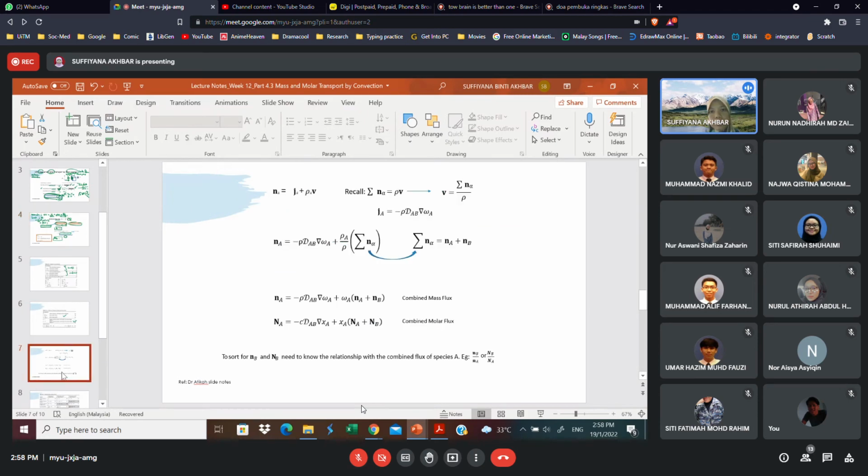kita nak lihat balik. Okay, so kita tahu tadi NA kita combined mass flux is equal to, kalau tadi kita buat secara summary dia, so kalau kita tulis one by one, so NA JA plus rho AV kan, this is by molecular, this is by convective. Okay, so kita boleh rearrange kalau kita nak masukkan in term of JA ni menggunakan fixed law.